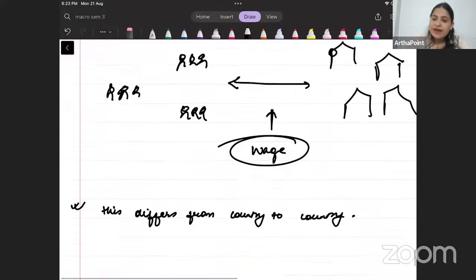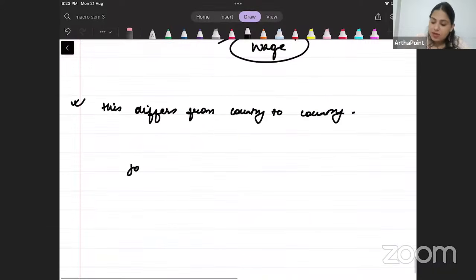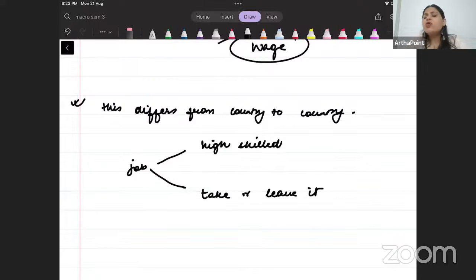So I can divide the jobs in two parts. The first can be a high-skilled job. And the second is a take it or leave it job. मतलब अगर ऐसा कि तुम नहीं करोगे तो कोई और कर लेगा, इतनी कोई बड़ी बात नहीं है टाइप.